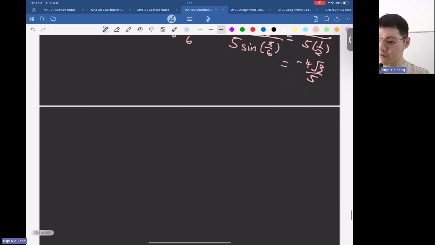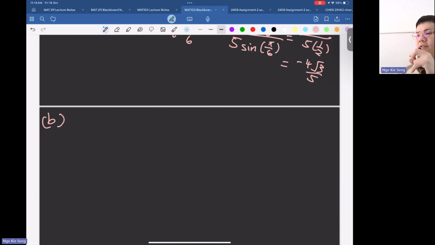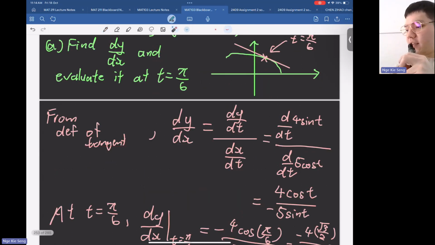Next, how about finding the second derivative? Your dy/dx is changing with respect to t, so you can again check how it changes with respect to x.